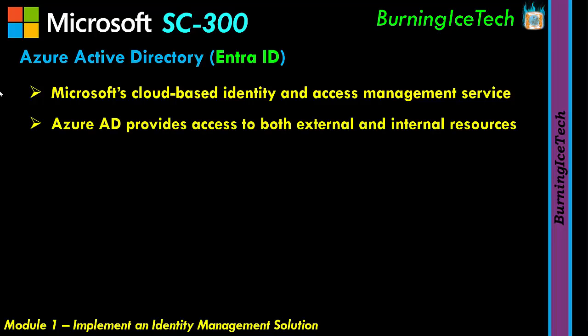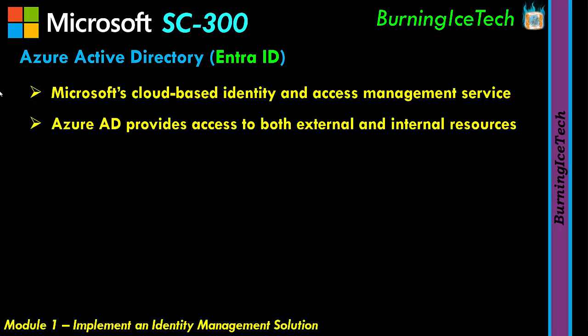Now, Azure Active Directory provides access to both external and internal resources. Obviously, people are still going to use some resources on premises. They're not going to completely move away from that. But we do want to move away from the on-premises Active Directory, at least eventually. If we plan on moving away from it but still have some resources on premises, it would obviously benefit us if Azure Active Directory can still allow us to control access to these resources on premises.